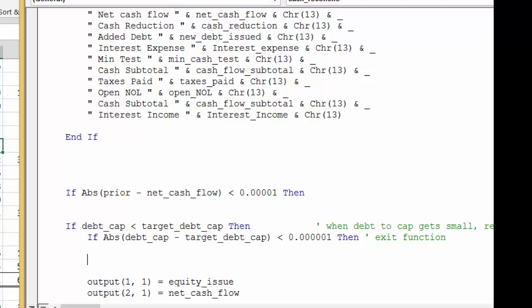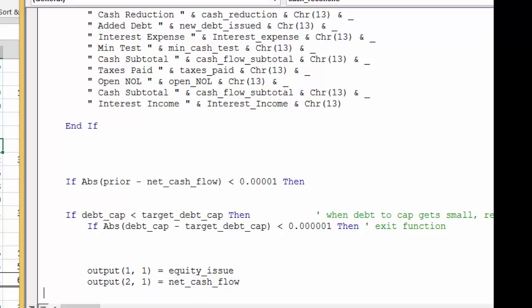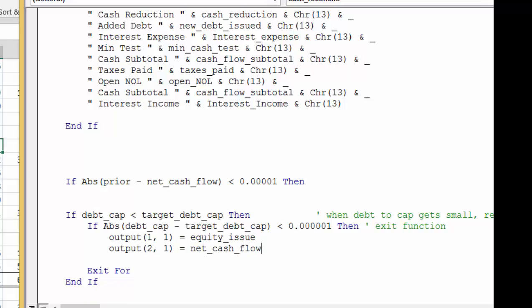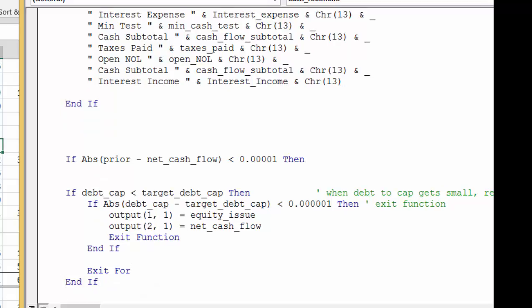And right here, this is where we can define our things. Okay. So we put end if, and I suppose we could either get out of the for loop or get out of the whole function. I'm going to say exits function. I'm going to be aggressive. Okay. That's really the end.